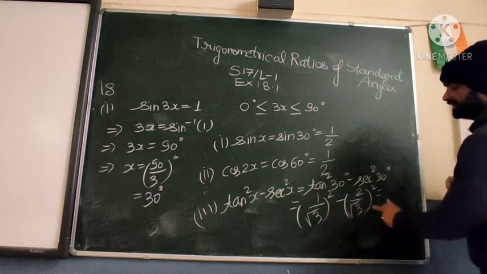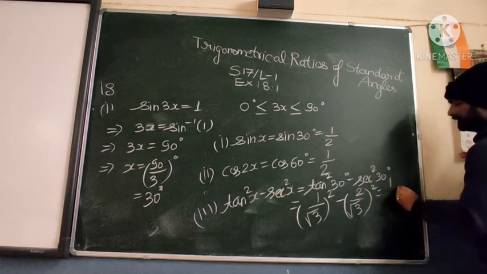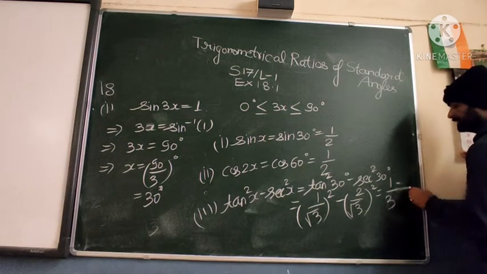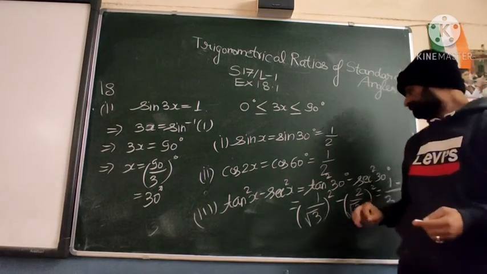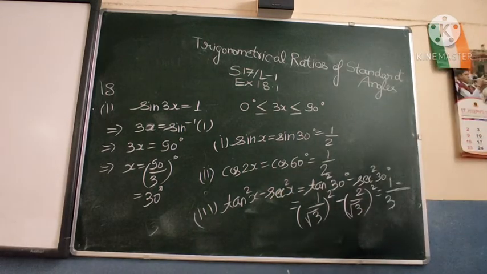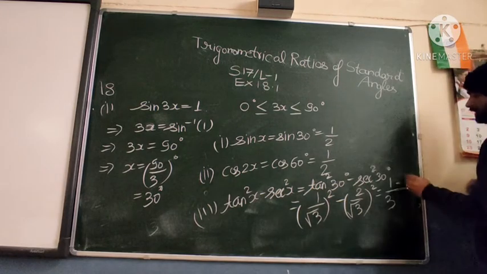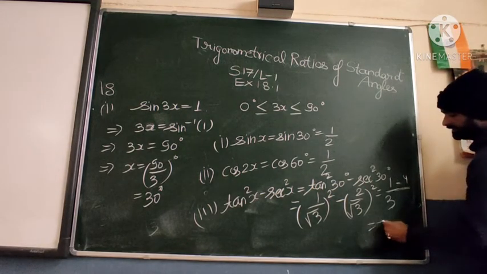Can you see here we are getting fractions. So 1 by 3 minus 4 by 3. This thing should be coming in negative. So 1 minus 4 is minus 3.